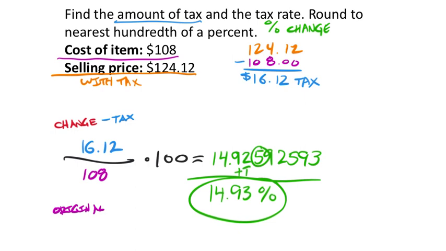And that, in green right there, is our tax rate. And then we found the amount of tax here in blue. Last thing, of course, increase or decrease. It didn't ask for this, but of course the tax is always an increase.